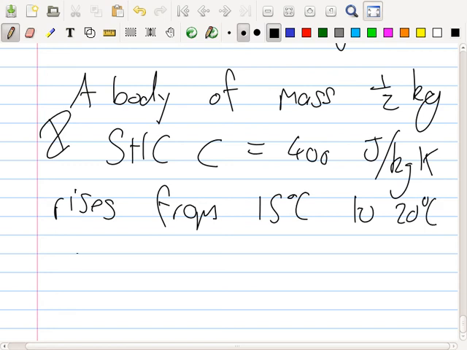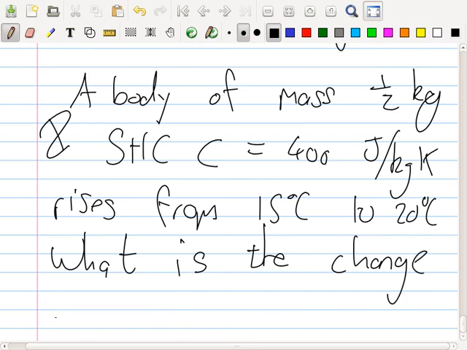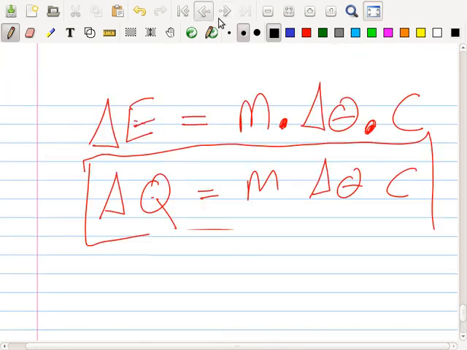They want to know the change in heat energy, the Q. So let's use our formula.